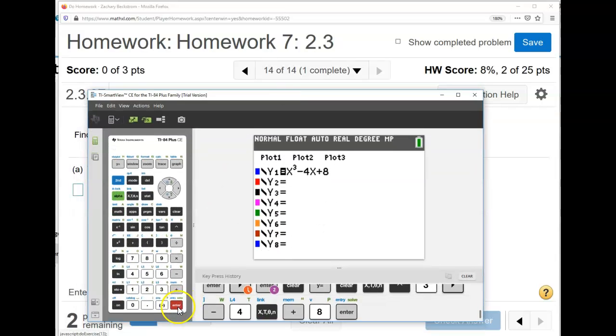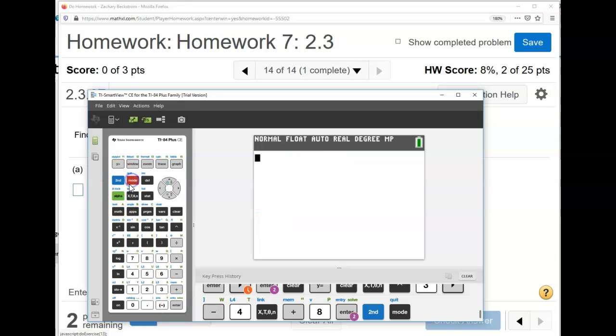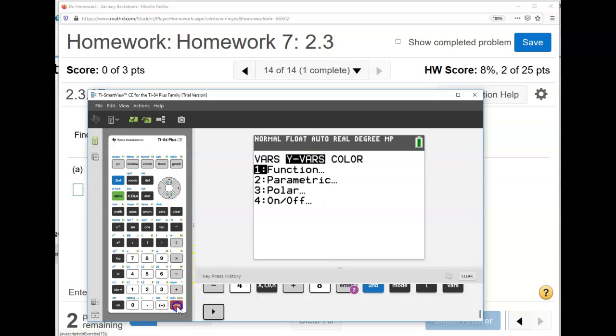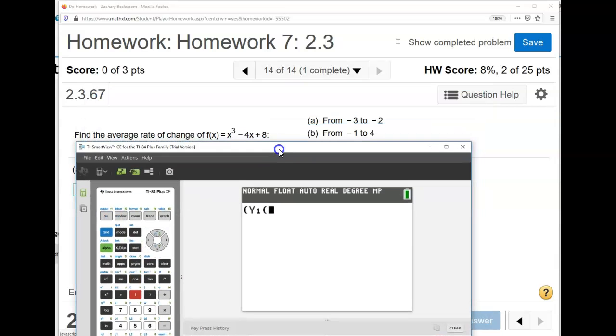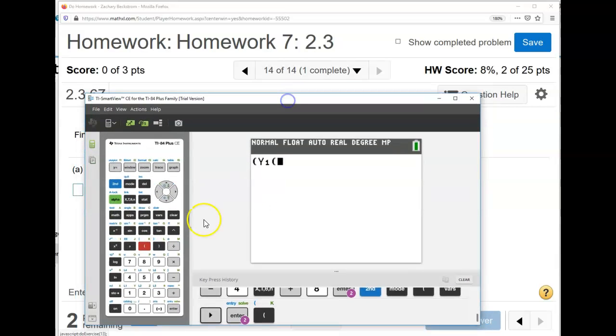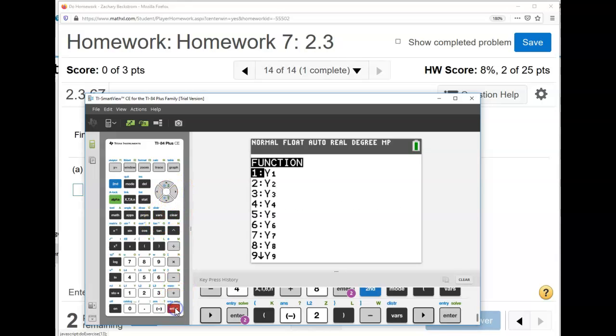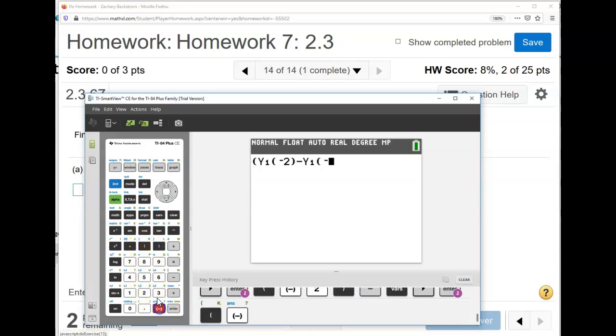I'm going to go back to my main screen and put an open parentheses. I'm going to say vars. This is my function evaluated at the second point, so -2, minus my function, vars, evaluated at -3.